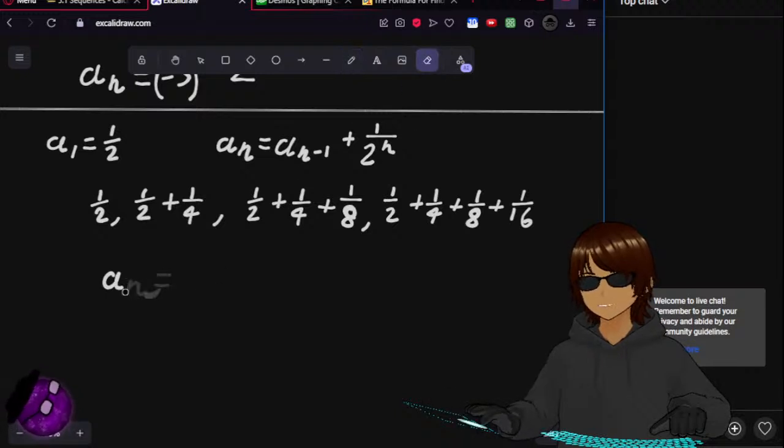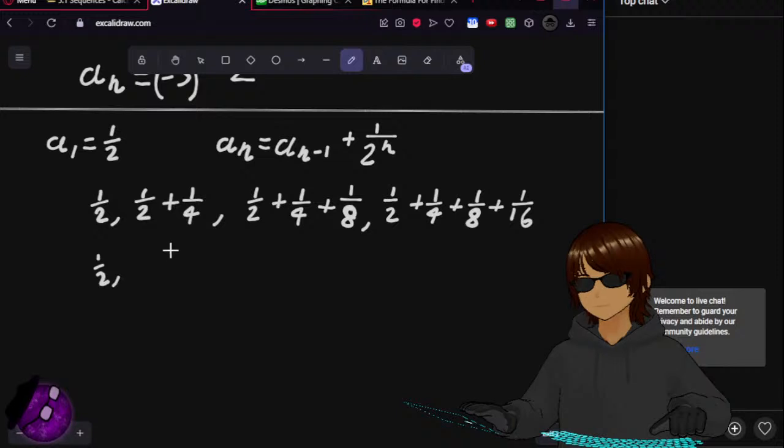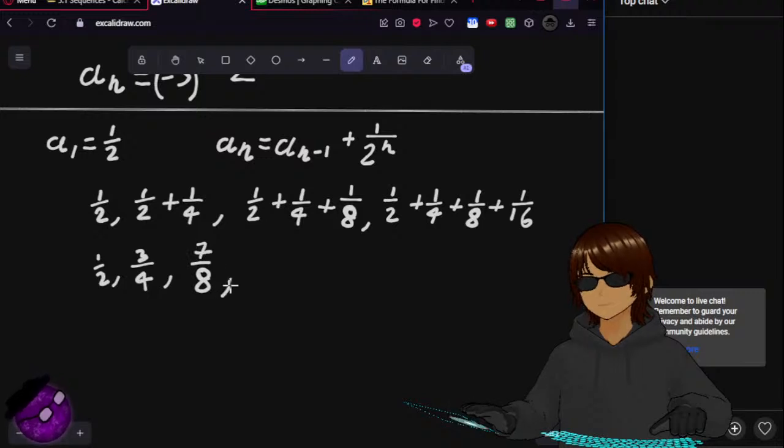Let me evaluate this. This would be 3 over 4. 3 over 4 plus 1 over 8 would be 3 times 2 is 6 plus 1, 7 over 8. And 7 over 8 plus 1 over 16: 7 times 2 would be 14 plus 1, 15.